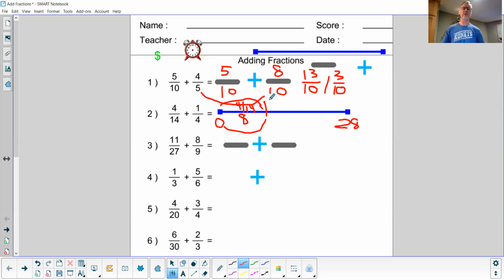Then she went 1/4. Put 1/4 above with our first number line, and she went from 8 to this point. 1/4 of 28: 28 divided by 4 is 7. 7 times 1 is 7.